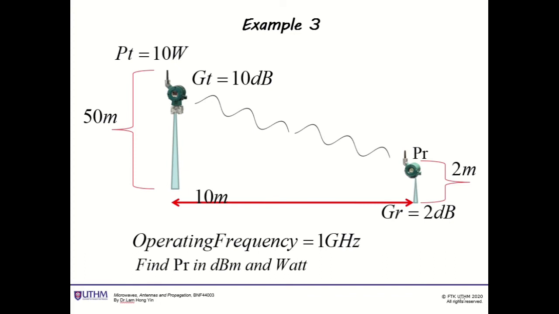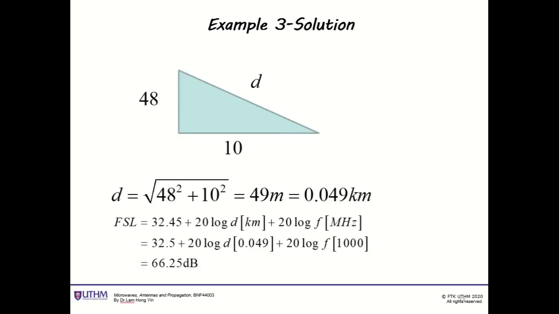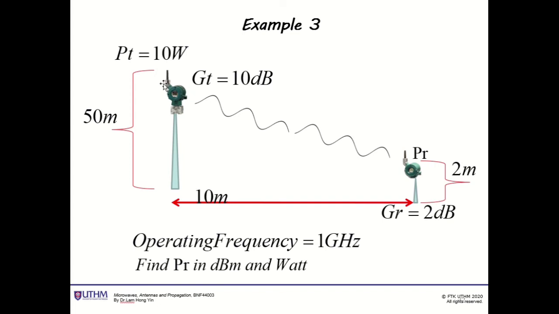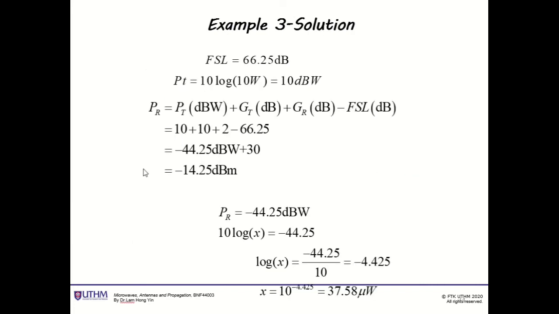So you need to use the trigonometry theorem to get the actual distance from the antenna on top of the transmitter tower to the antenna at the receiver. Okay, and then the process is the same. You use PR equal to PT plus GT plus GR minus FSL. Okay.